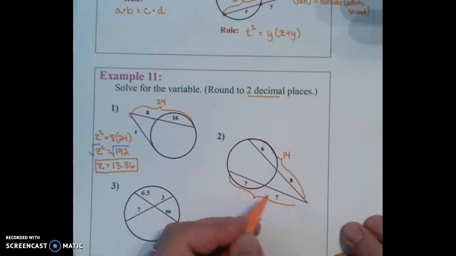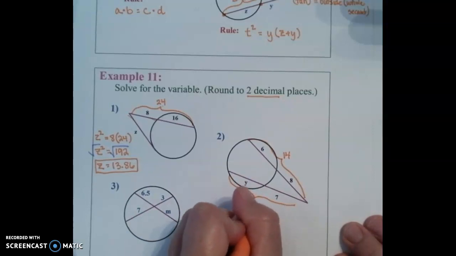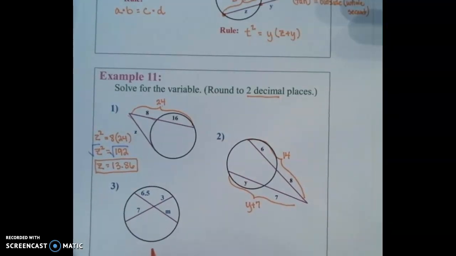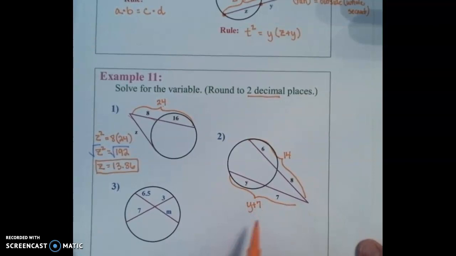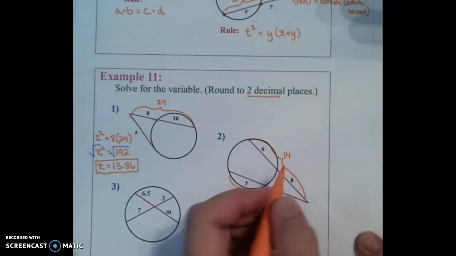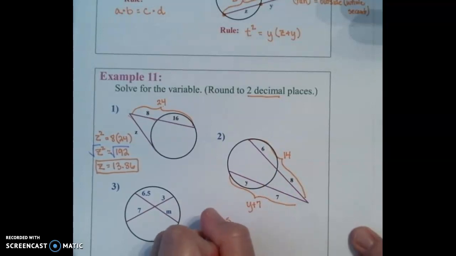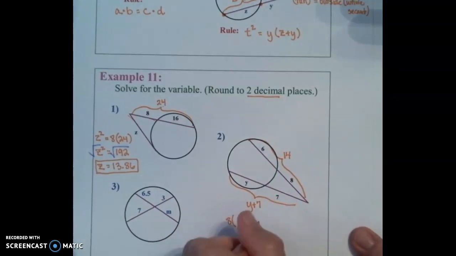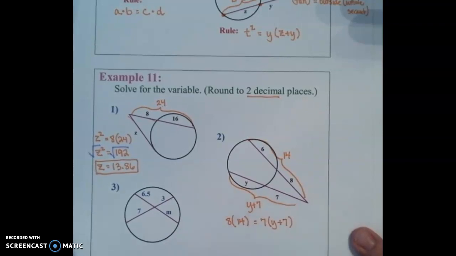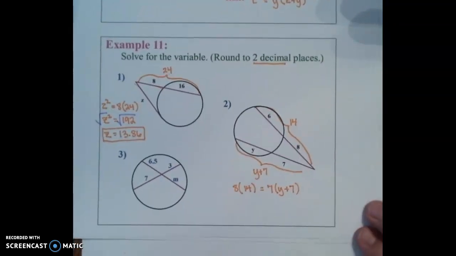You're just going to add y plus 7 to get a length of y plus 7. So we're going to do exactly what it says. Outside piece is 8 times the whole length 14 equals outside piece 7 times the whole thing, y plus 7. And we're going to distribute and solve.